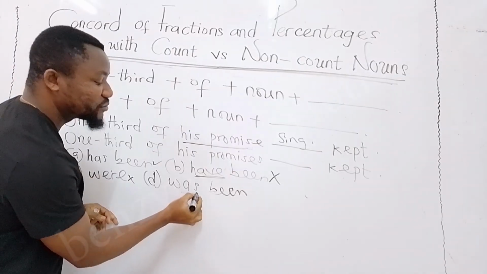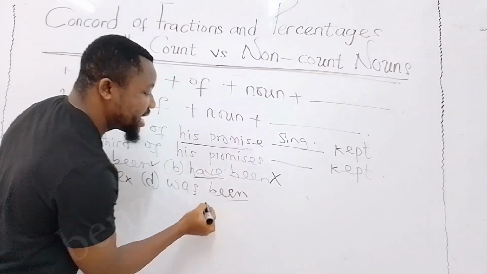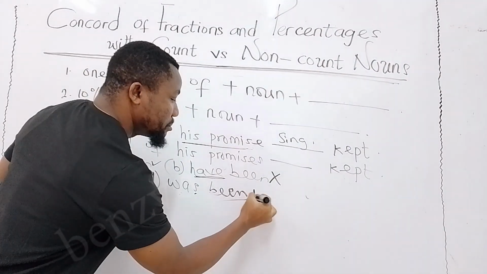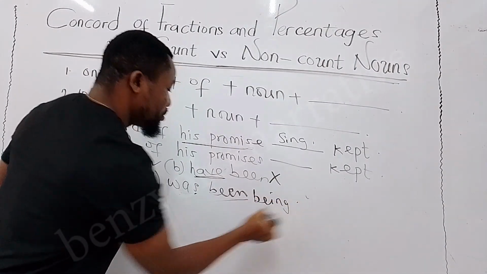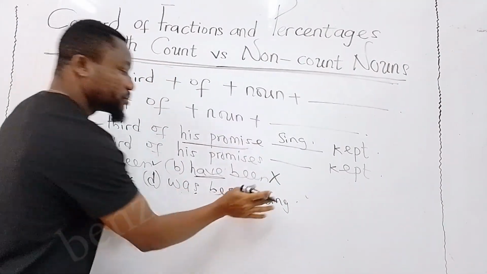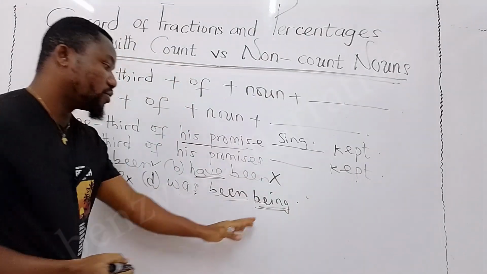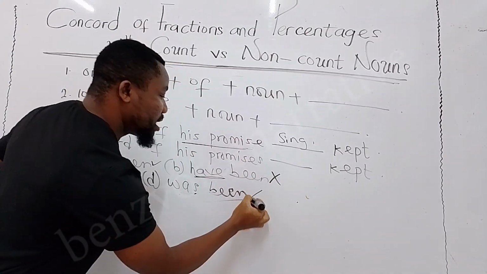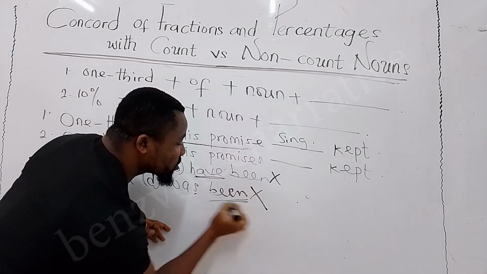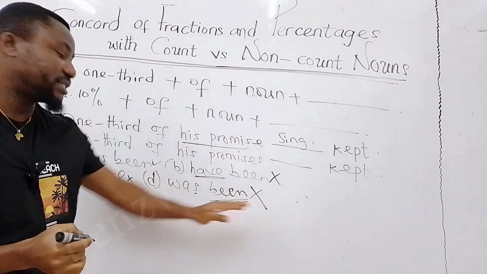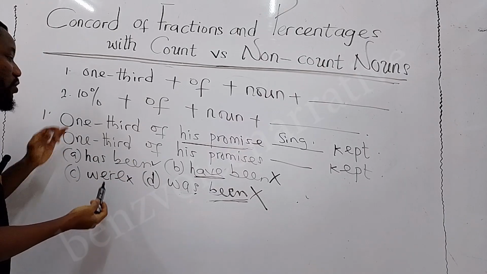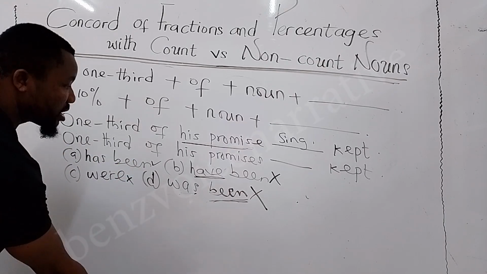Every time you have was, the verb here cannot be been, it has to be been. So this would have been another correct option if what we have here was been. So the right answer is has been kept: 1/3 of his promise has been kept.